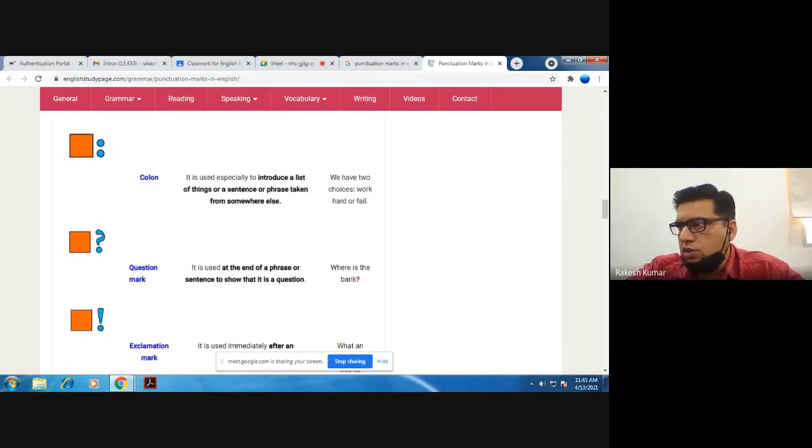Then we have the next, which is the colon. They are saying it is used especially to introduce a list of things or a sentence or phrase taken from somewhere else. More clarity will come from the example: we have two choices: work hard or fail.